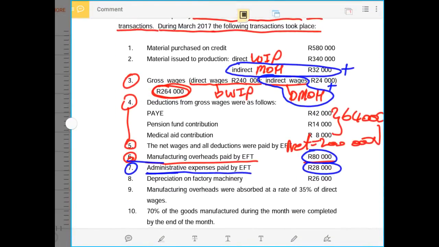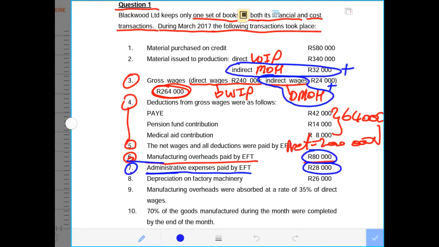Then now we go to the next entry. The next entry is entry number 8. Entry number 8 says to us that depreciation on the factory machine amounted to 26,000 rands. Remember, depreciation is also a manufacturing overhead expense, which is a non-cash item.